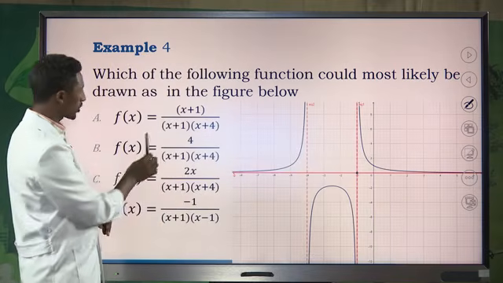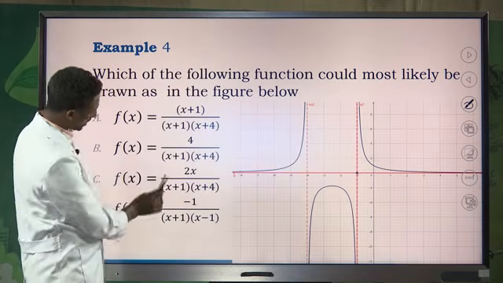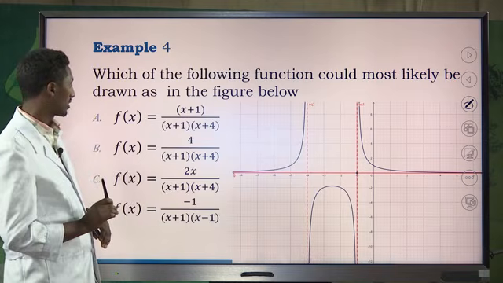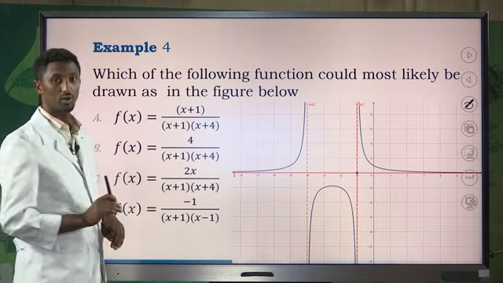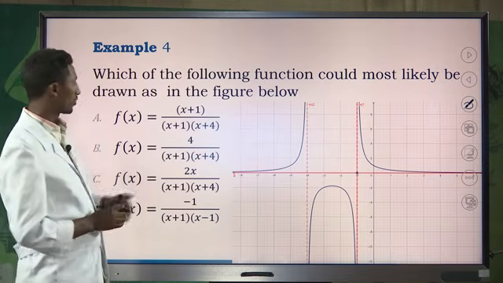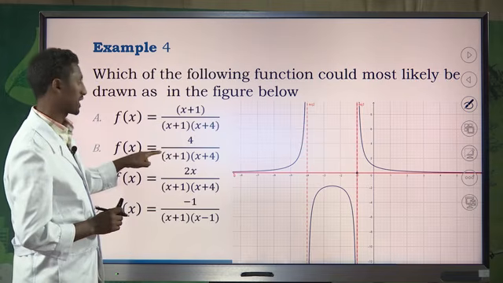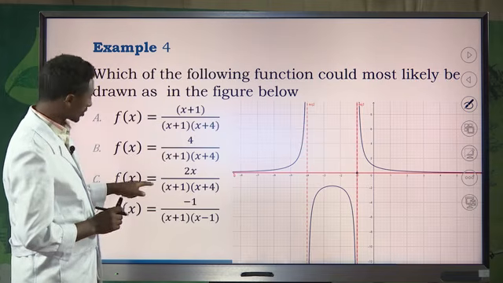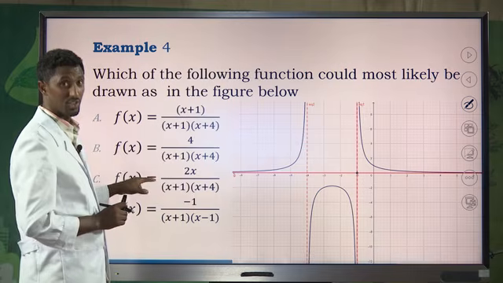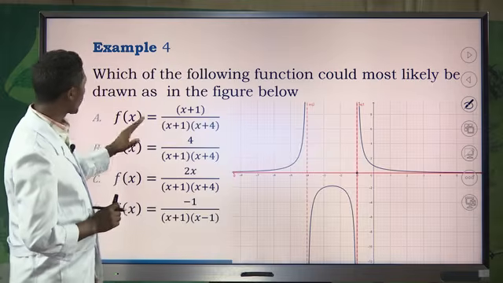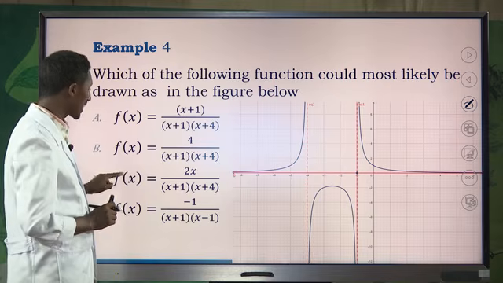We have 3 choices, A, B, and C. And also another piece of information, y equals 0 is a horizontal asymptote. For A, the horizontal asymptote is 0. For B, the horizontal asymptote is 0. For C, the horizontal asymptote is still 0. But for D, the vertical asymptotes are minus 1 and 1. It's not related to the graph. So from the information, A, B, and C are still possible.